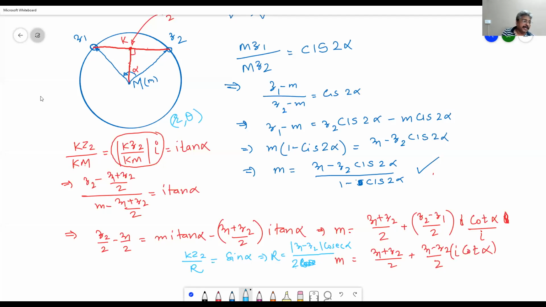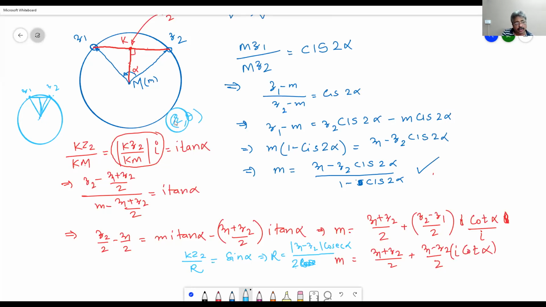Now this is a bad diagram. Maybe I can draw another diagram where I take these two points as Z1, Z2, and this angle is about 60 degrees. If I join this, they are not equal. KZ2 is not equal to KM, and therefore while rotating there will be shrinkage. The denominator is bigger and the numerator is smaller, therefore you have to have this r which will be less than 1.